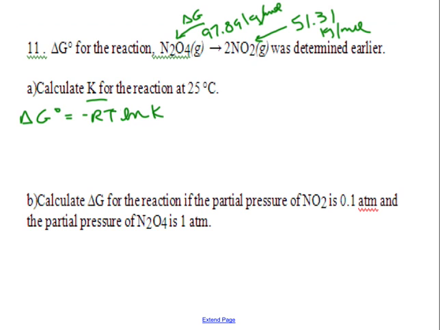So we know that the temperature here, we're going to be at 298, and the delta G naught, we're going to go ahead and use Big Mama and calculate it. And so Big Mama delta G, using the values at 25 degrees Celsius, we get 2 times 51.31 minus 97.89, and the unit on these is kilojoules per mole.